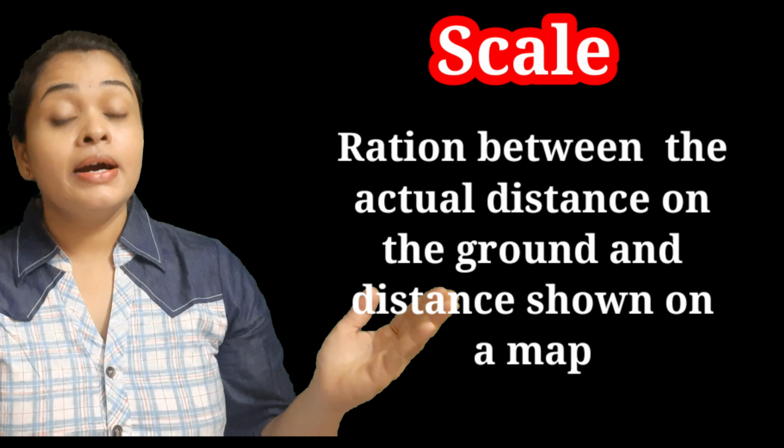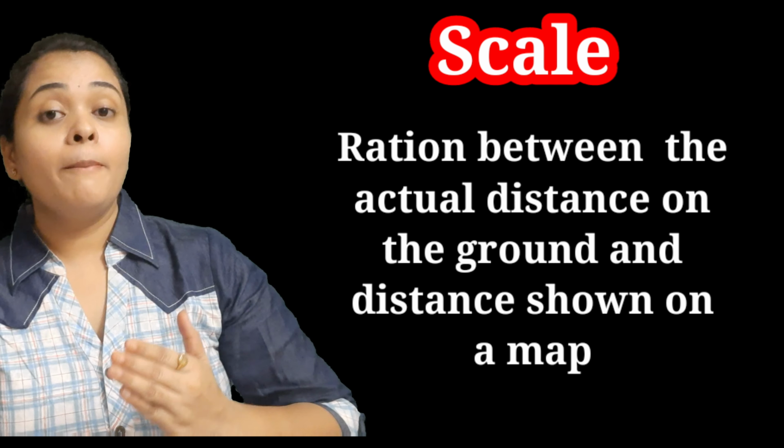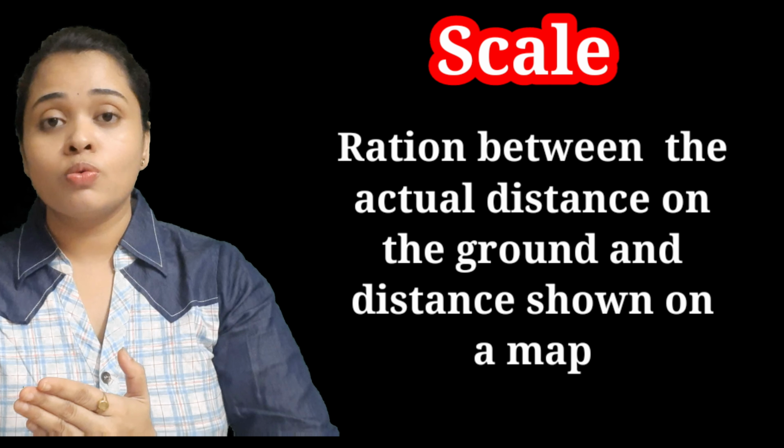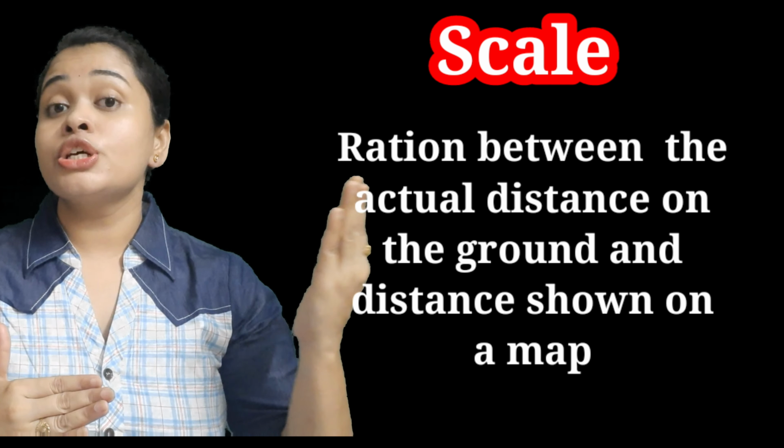Scale is the ratio between the actual distance on the ground and the distance shown on a map. If we know the scale, we can calculate the distance between any two places on a map.